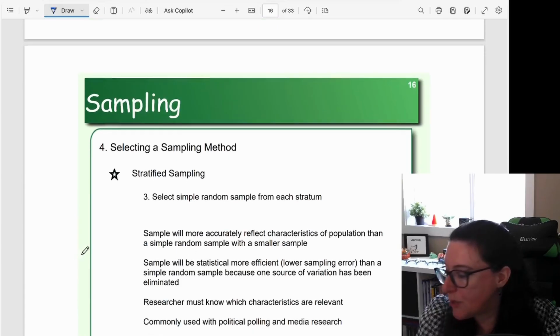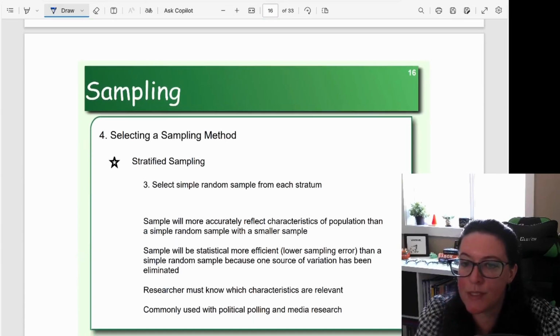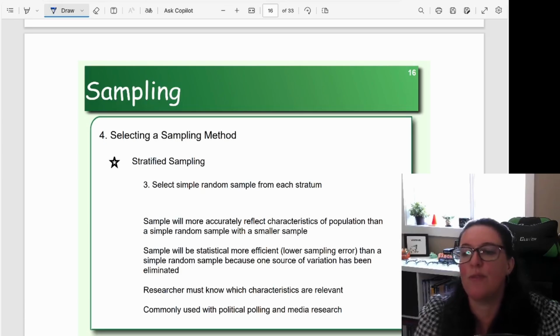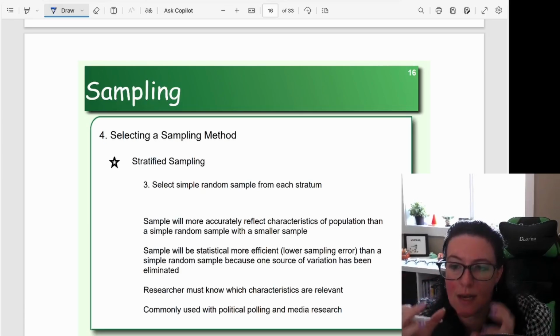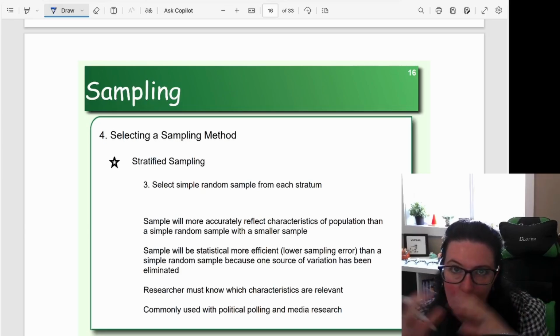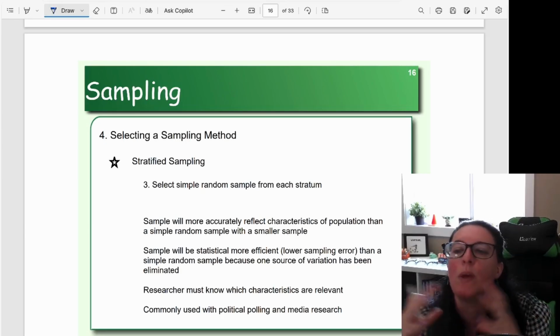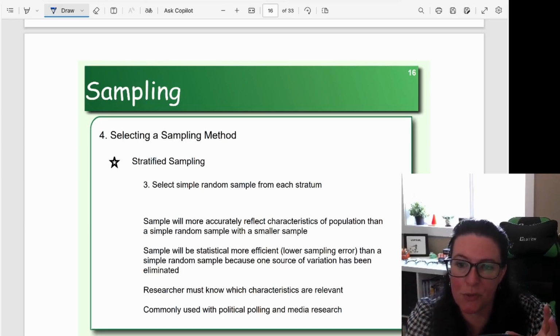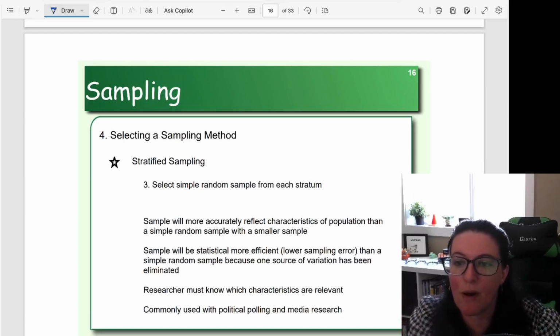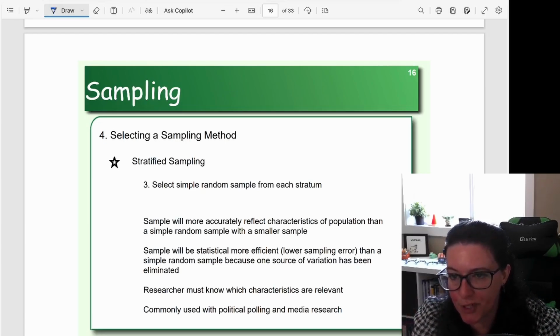When you select your strata, you then will select using a simple random sample, for example, from each of the strata. So you've chosen this characteristic, said it was important, and then from the group who has that characteristic, so of our 4-year degree, we've said being a first-year student is the key characteristic. We randomly select you from that group of first years.